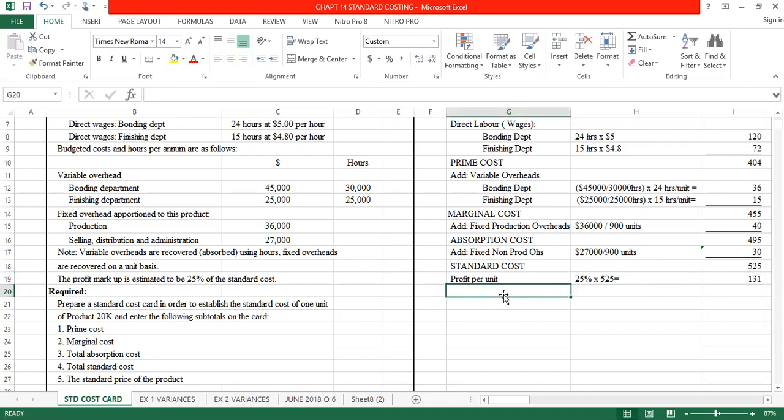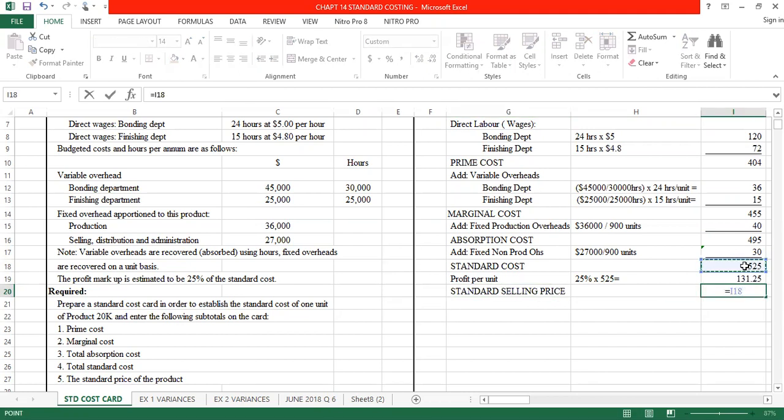The answer you get will be called standard price or standard selling price. Standard selling price is 525 plus 131. That is your standard selling price.